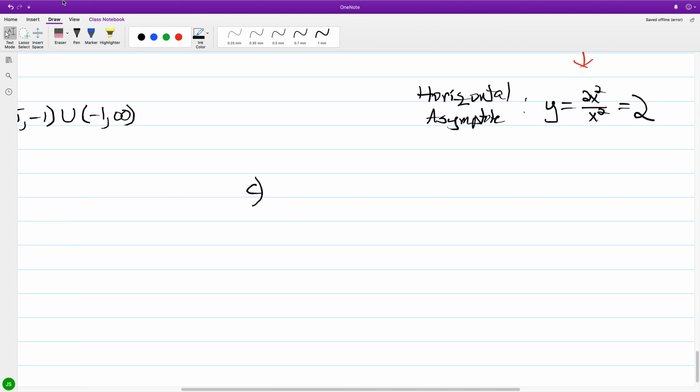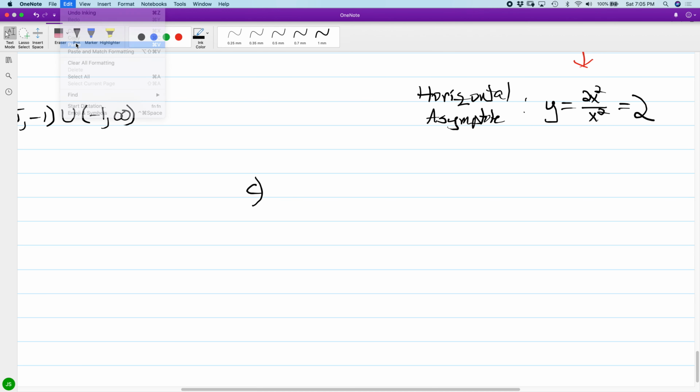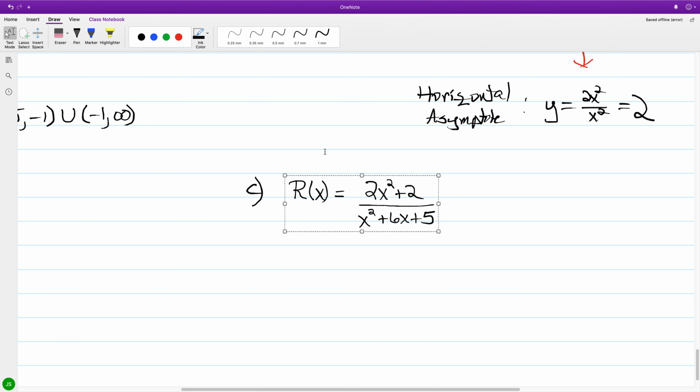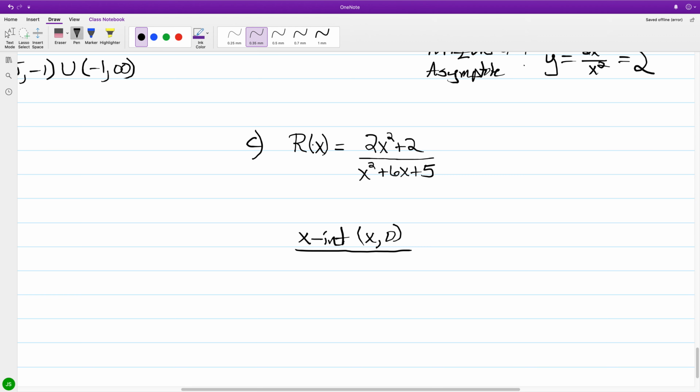Now, regarding intercepts, if we're looking for x-intercepts, we're looking at setting that which represents y to 0 while solving for x. We have r of x as the functional notation for y.